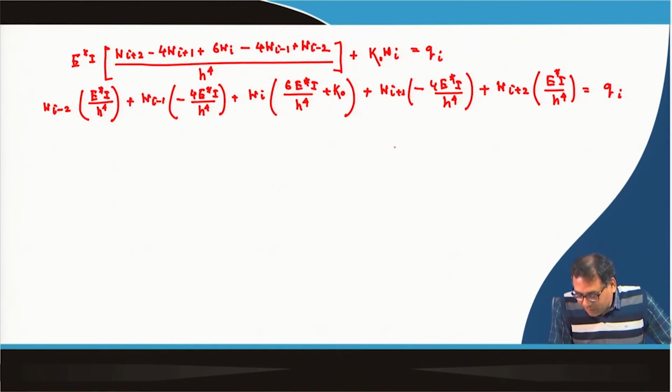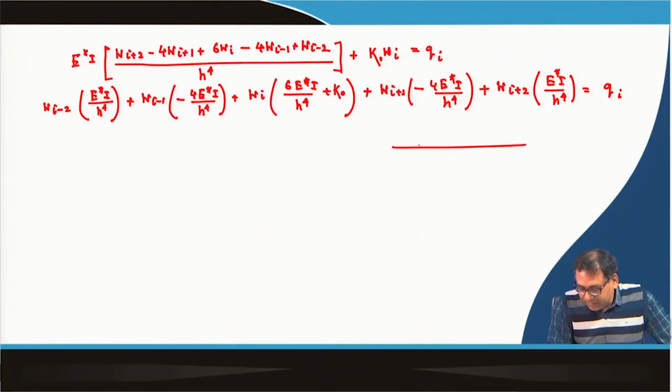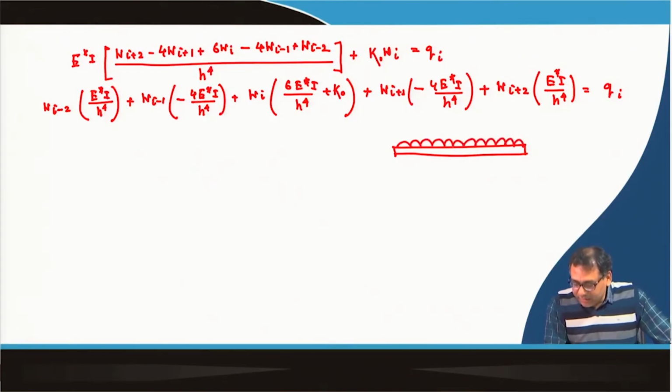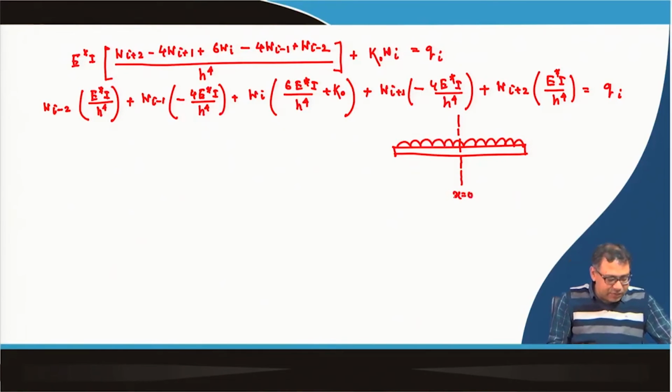Okay. So, now suppose this is my beam, which is a finite beam, and it is subjected to UDL, and this is the center, and it is a symmetric problem. So, I can write this point is x equal to 0.